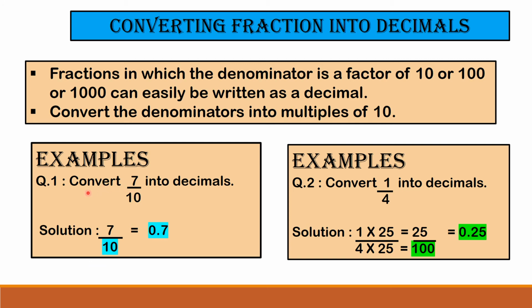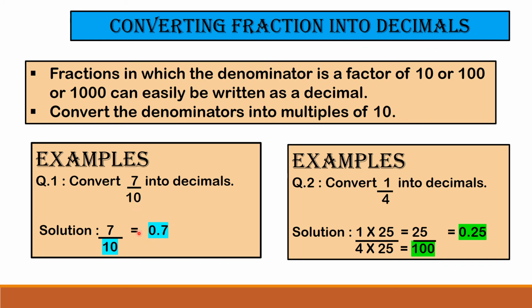Now here you can see the first example, convert 7 by 10 into a decimal. We have seen an example just before. The number of zeros after 1 in the denominator decides the decimal. So here there is 1 zero. So from the back you will put the decimal after 1 digit. So you will put the decimal before 7 here. Now the number will become 0.7.